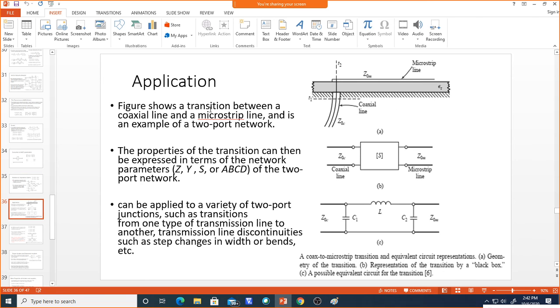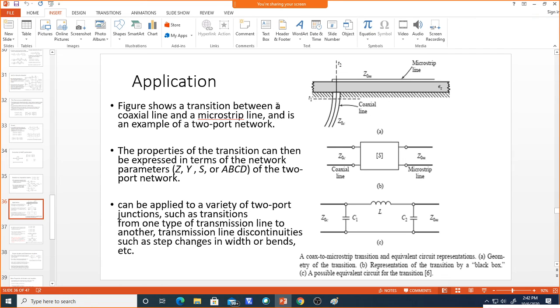Now where will these ABCD parameters be used? Say, for example, you have a transition from one kind of transmission line to another kind, then you will use this matrix form.